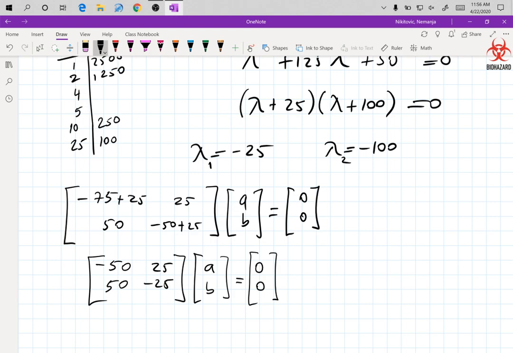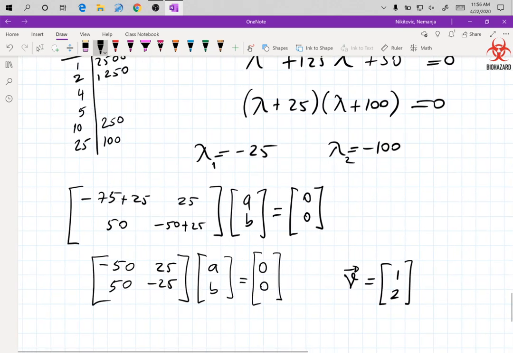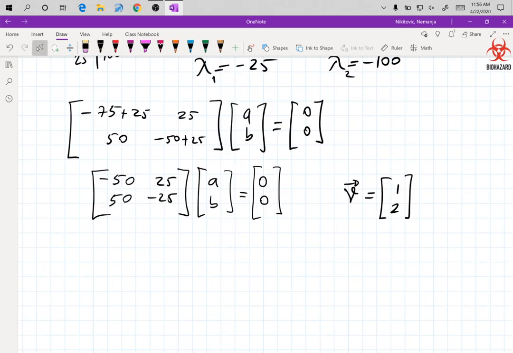If you are able to immediately see your vector, that's okay, right? Because you are supposed to multiply 50 by something and 25 by something and add them together to get 0. So if my A is 1 and B is 2, I just pick 1 and 2. If you are able to see it immediately without writing anything down, it's fine. If you don't see it, then it's negative 50A plus 25B equals 0.